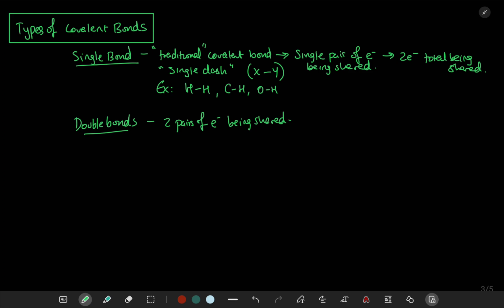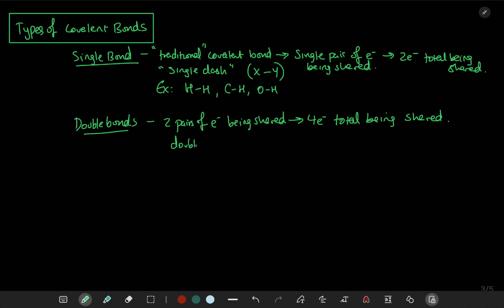And so this means that there are going to be 4 electrons total being shared, right? Two electrons from each atom in a bond. And this is denoted by the double dash, okay?